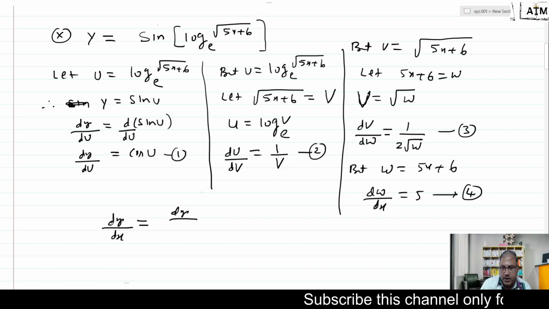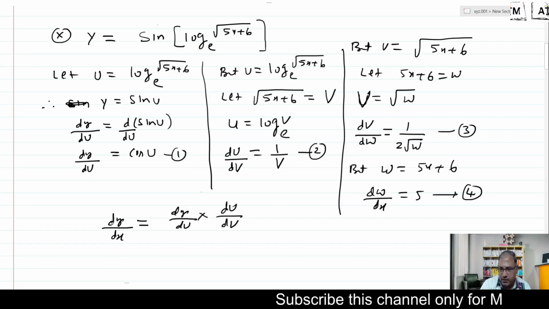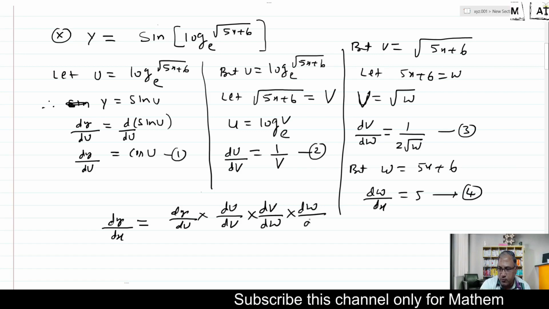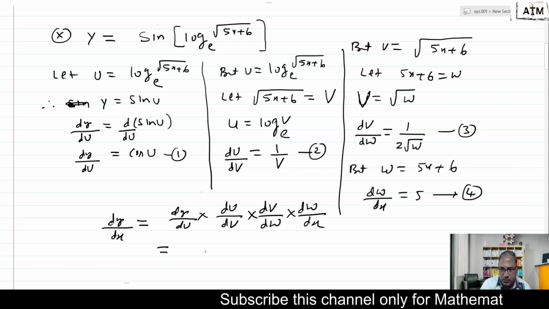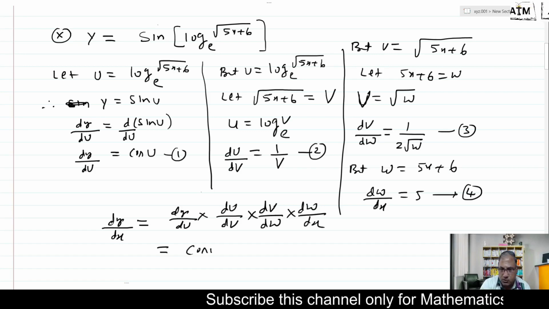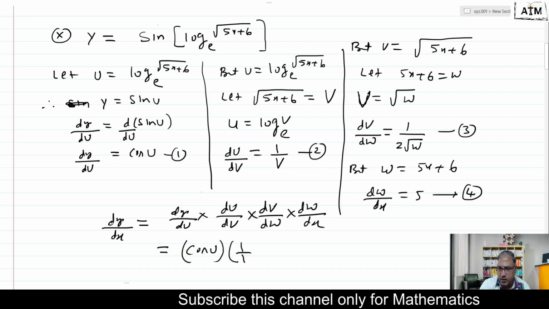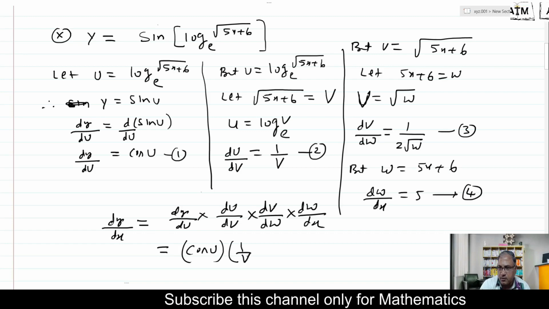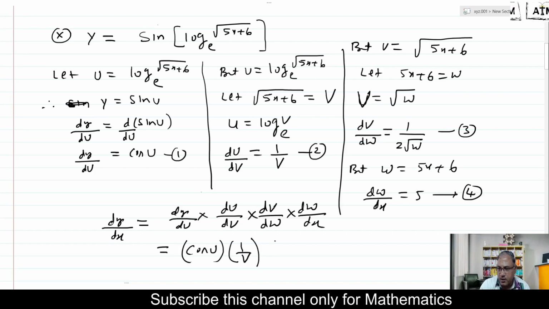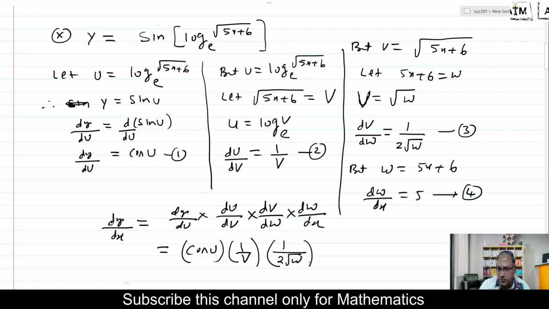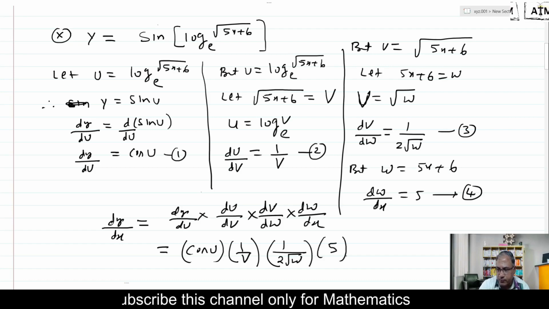So dy by du, and du by dv, multiplied by dv by dw and dw by dx. dy by du is cos u, du by dv is 1 upon v, dv by dw is 1 upon 2 root w, and 5.